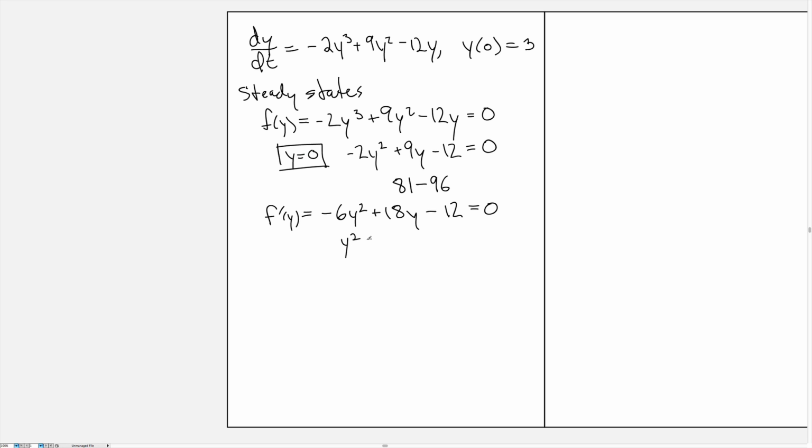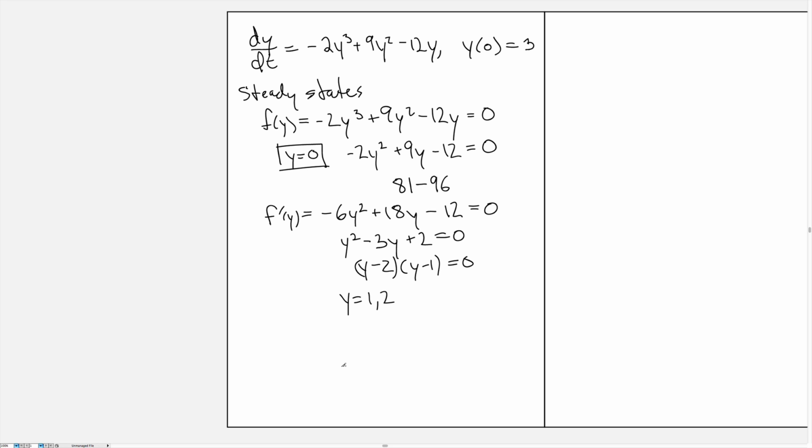So we have y squared minus 3y plus 2 equals 0, and that factors as (y minus 2)(y minus 1). And so our steady states, sorry, not our steady states, our max and mins in f(y) will be y equal 1 and y equal 2.